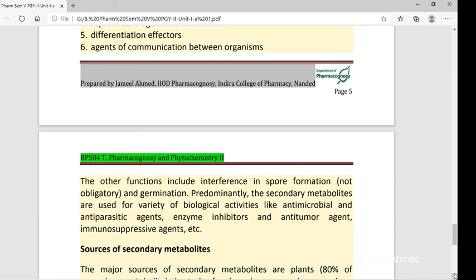They also act as enzyme inhibitors and as anti-tumor agents, which treat cancerous cells. Immunosuppressive agents also. These are all the functions of secondary metabolites.